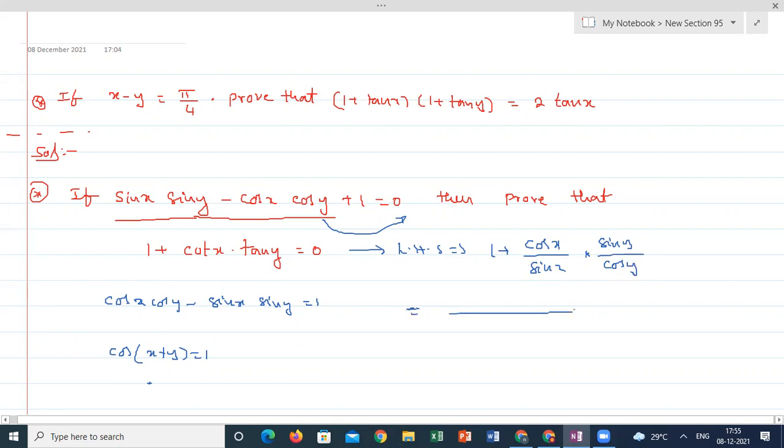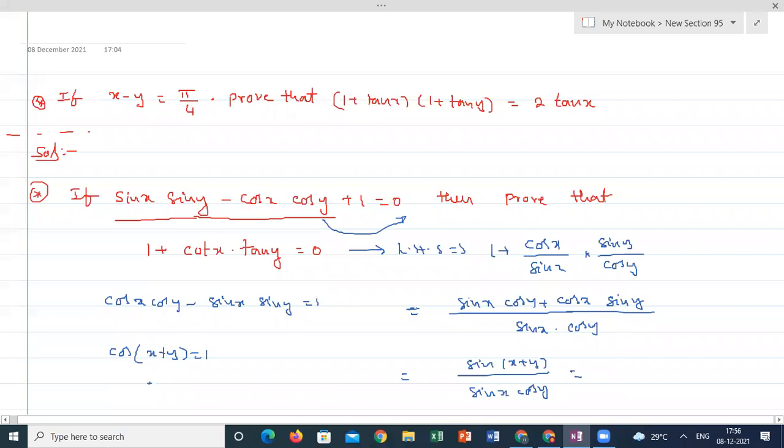If I am taking LCM, I will get sin x cos y plus cos x sin y, which is equal to sin of x plus y, divided by sin x cos y.